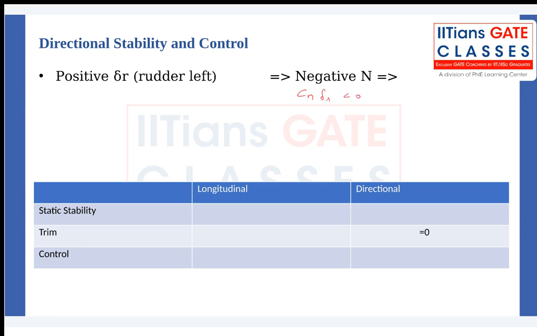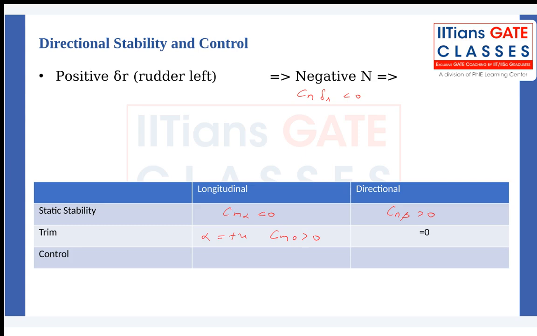Alright. So this was a comparison between longitudinal and directional cases. Cm alpha less than 0. For the directional case, it is Cn beta greater than 0. At trim condition, you have alpha. To trim at positive alpha, you need Cm naught to be greater than 0. Now, for directional stability, you prefer to trim the aircraft at 0 degrees.